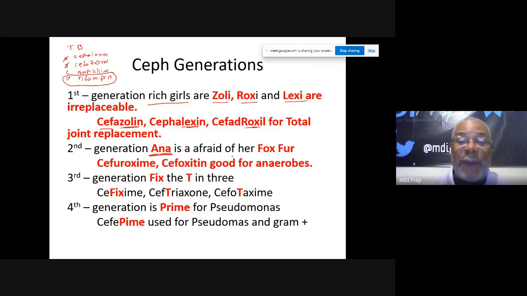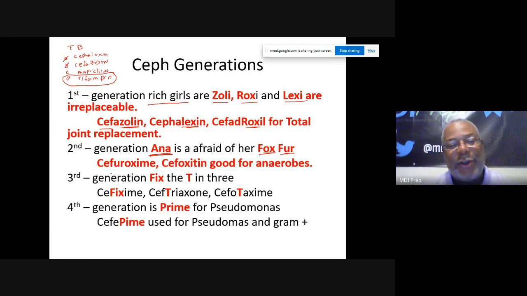And she got this fur, which was a fox fur coat, right? Anna didn't really like the fox fur, but she had one. Now, what does this mean? Second generation, think about Anna Nicole Smith, the rich lady who had the fox fur.